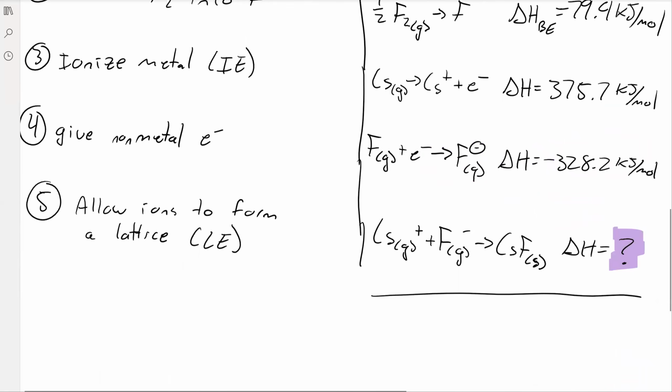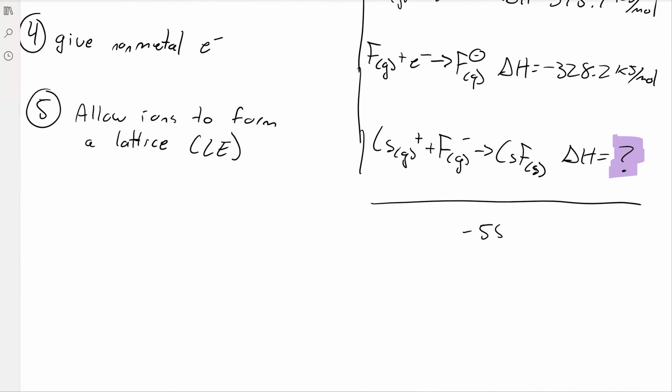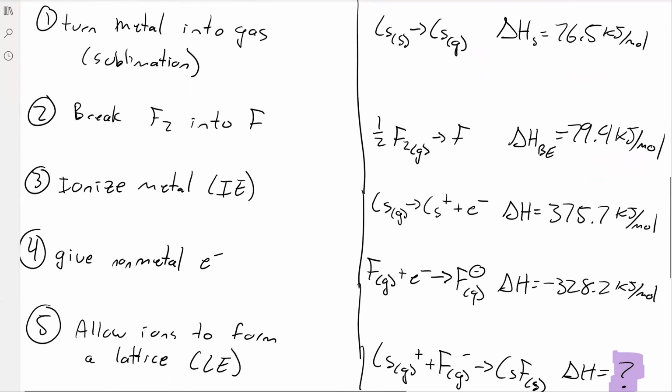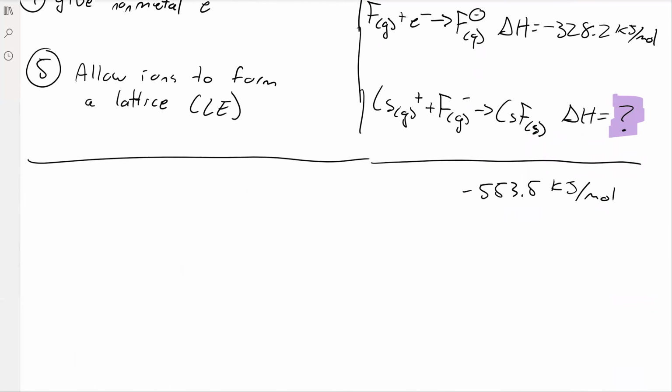And so what we know is that it releases negative 553.5 kilojoules per mole. And we also know that that number is the sum of all of these steps, right? So all steps must sum to equal our overall delta H, or delta H of formation.